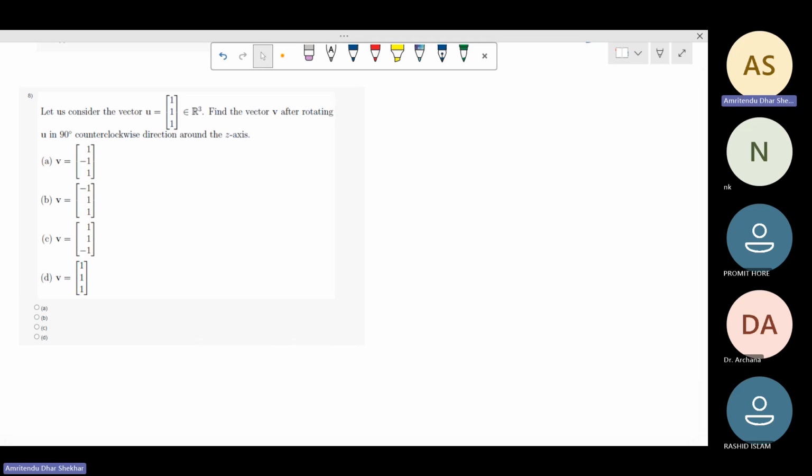So here there is some vector given, u, and they're asking us to apply a rotator and see what we are getting. Essentially, find a vector v after rotating u 90 degrees counterclockwise around the z axis. The picture is like this: this is z, this is x, and this is y.